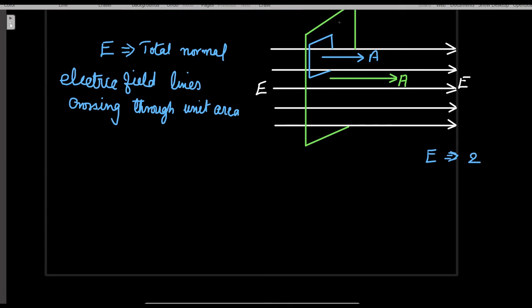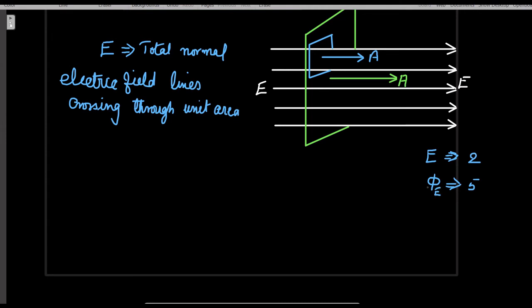Through the entire area, 1, 2, 3, 4, 5 field lines are passing. And that 5 will be our electric flux here.